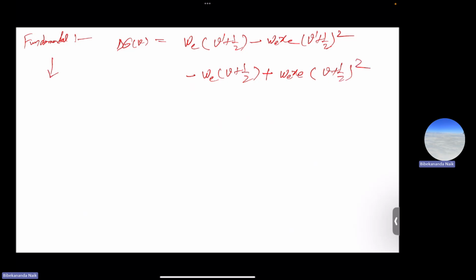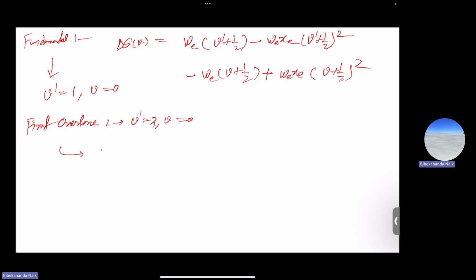In case of the fundamental, v prime is 1 and v is 0, and in case of the first overtone, v prime is 2 and v is 0.